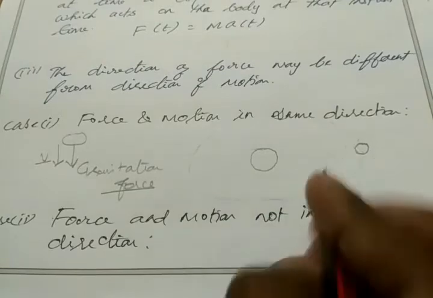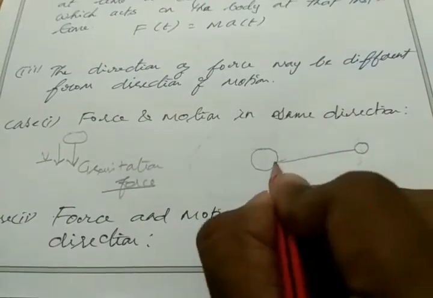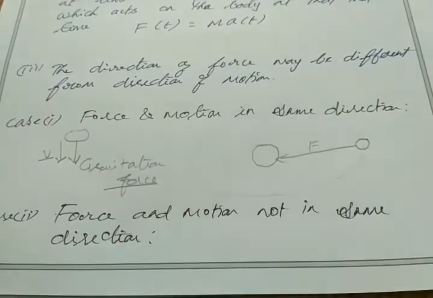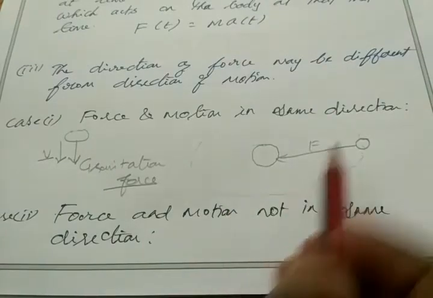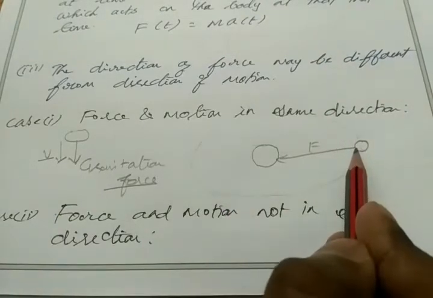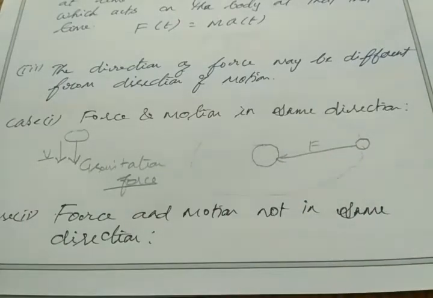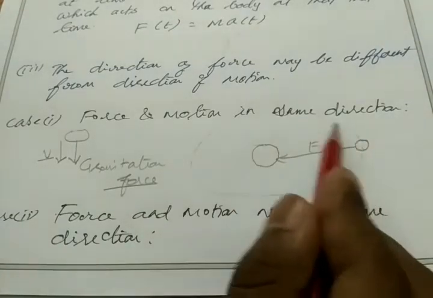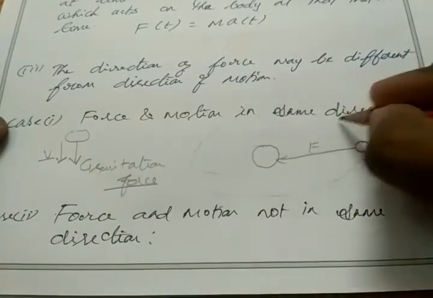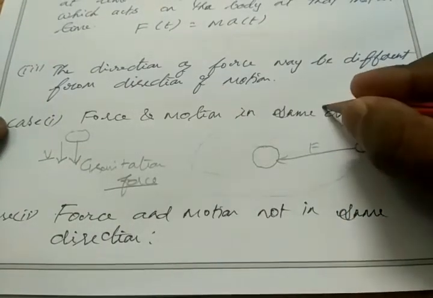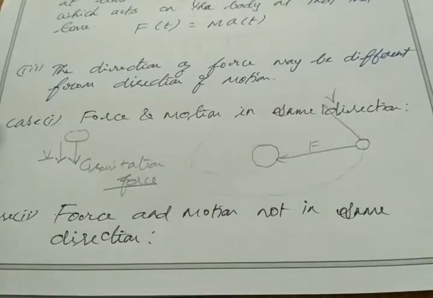The force acting on the moon is towards the earth. The earth has some gravitational force, so the force on the moon is towards the earth, but the moon is rotating along the elliptical path, so the motion of the moon is tangential to this path. So this is the motion of the moon.